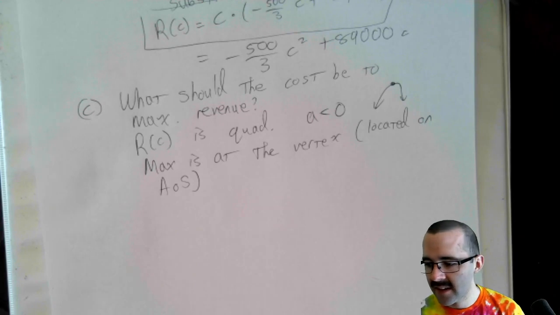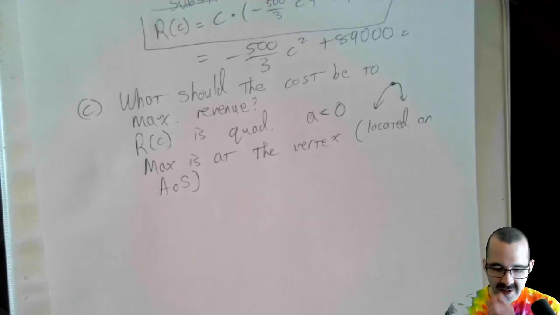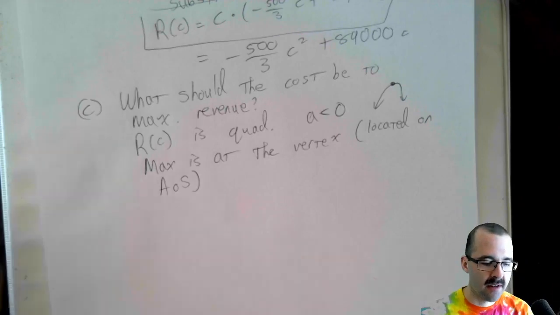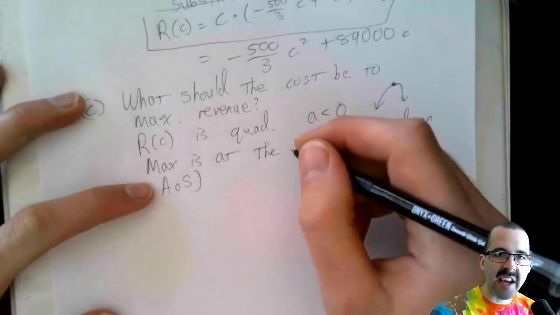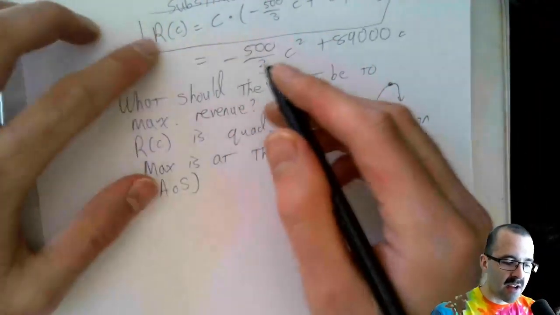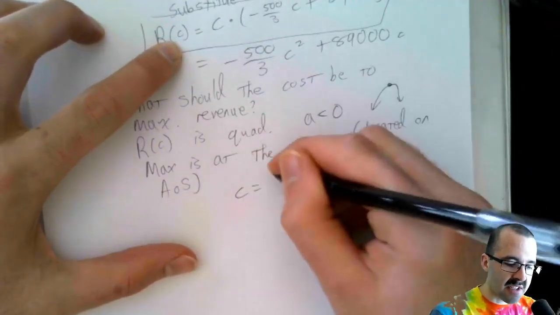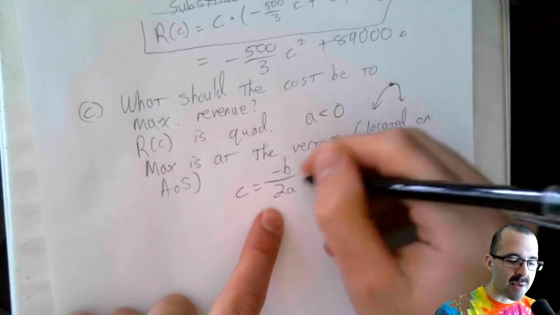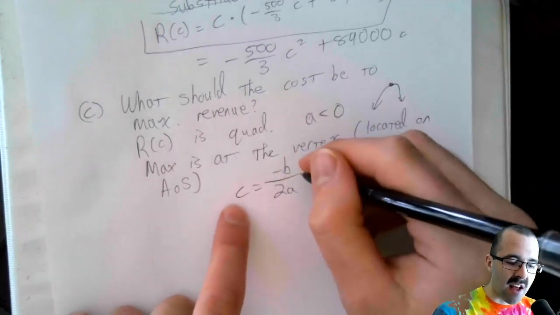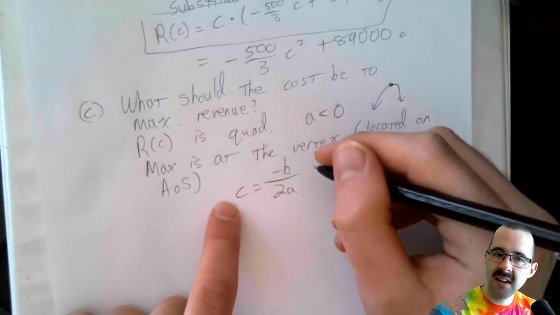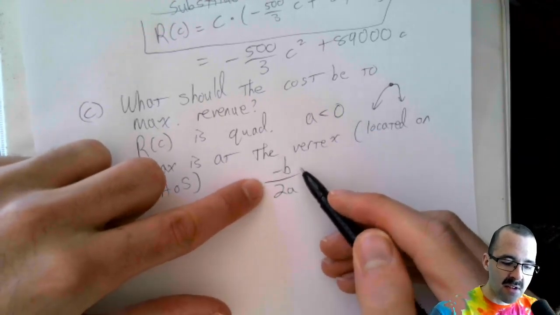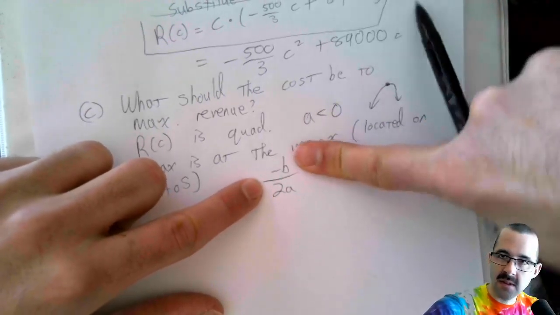So now we're using 5.1. Remember, the axis of symmetry is negative b over 2a, and our variable is here c, so c is negative b over 2a. That's where the axis of symmetry is. That's where that cost is going to be.